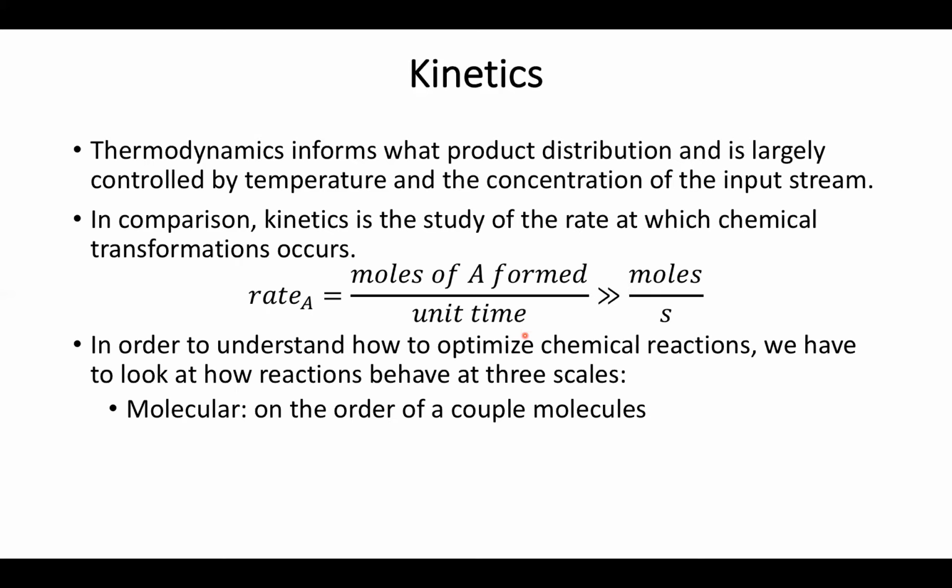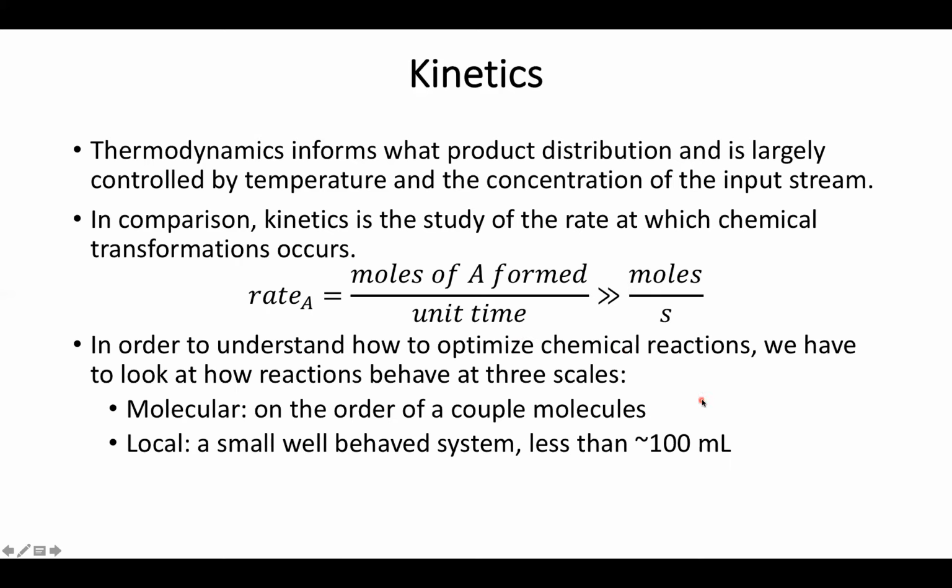However, it turns out that most systems have a lot more factors controlling the rate. So at this point, we need to scale up to look at a local scale. So this is still a small scale reaction, and is typically the scale of reaction that you've mostly worked at in a chemistry lab, of solutions of less than about a liter. Typically, you're going to see a lot of well-behaved reactions on the order of about 100 milliliters.